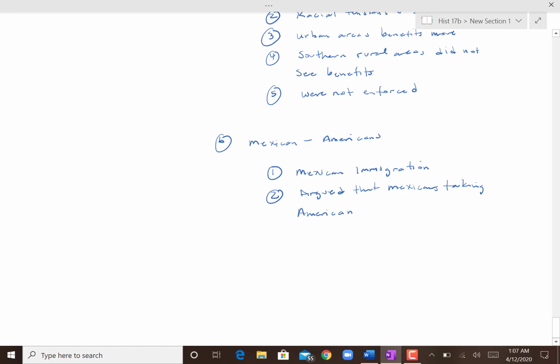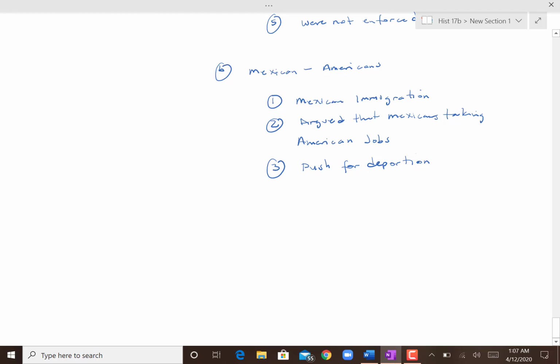But the problem with this, well, there was a couple of things. One was that they would round up large groups of people, and they ended up deporting many American citizens, some who were not able to get back into the United States. And then the other issue is that labor for agriculture work was largely done by not only Mexican Americans, but also immigrants.